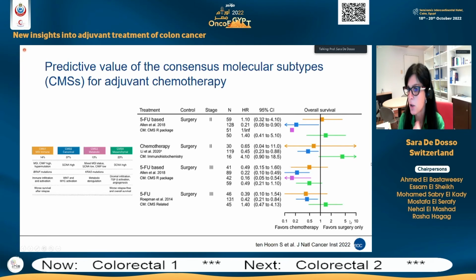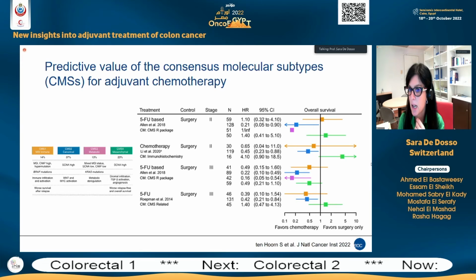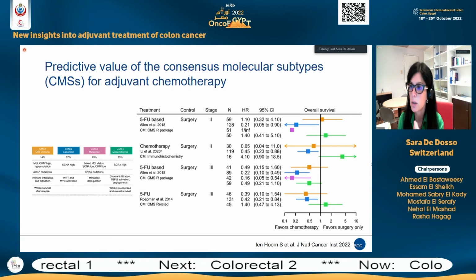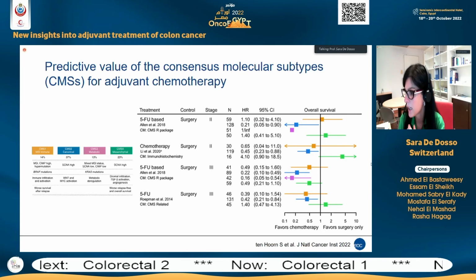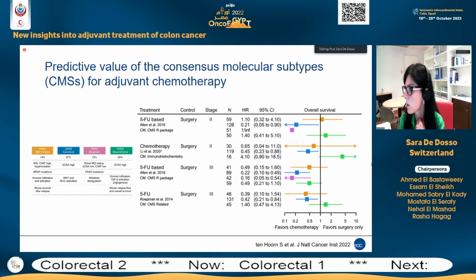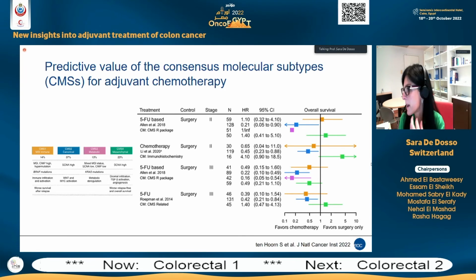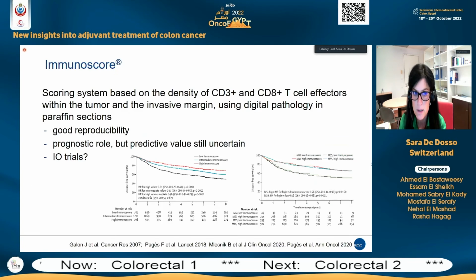But of course, as I mentioned before, these results are based on a retrospective analysis, and so we need more prospective studies, also with stratification of the patients according to this group, to really understand the role of this CMS taxonomy in clinical practice.